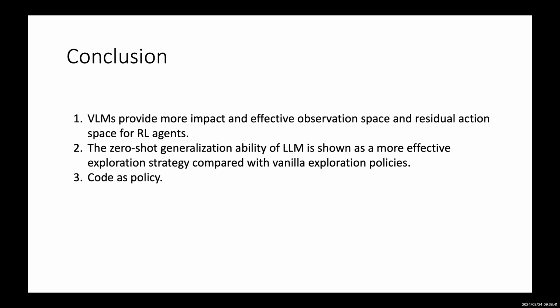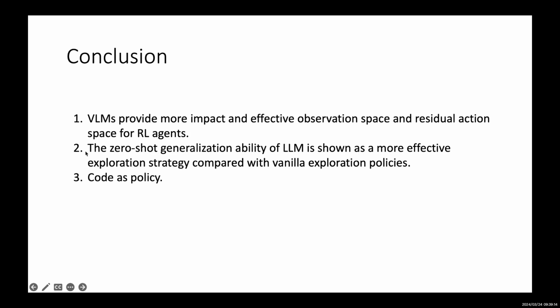Well, the first thing I observed is that the vision language models can provide a more compact and effective observation space and residual action space for the reinforcement learning agents. And the residual action space can constrain the reinforcement learning exploration around the neighborhoods of the objects, which can guarantee safe and robust policies for the reinforcement learning agents.